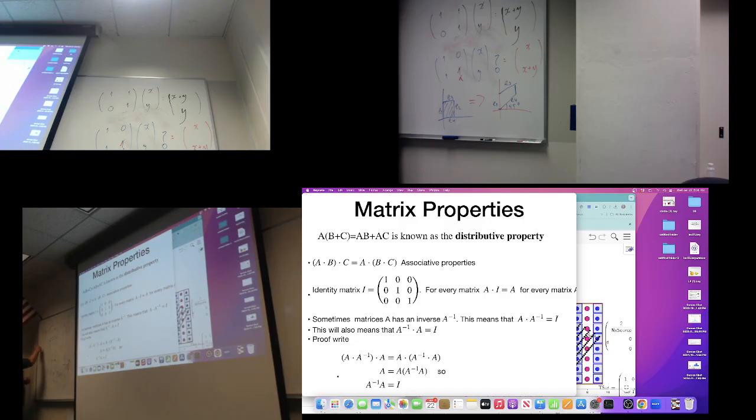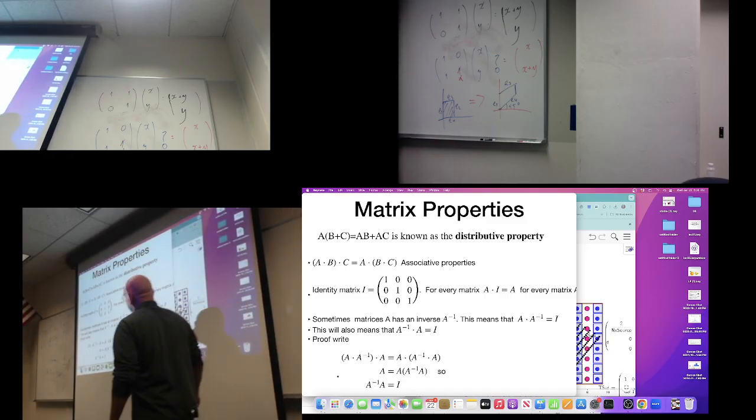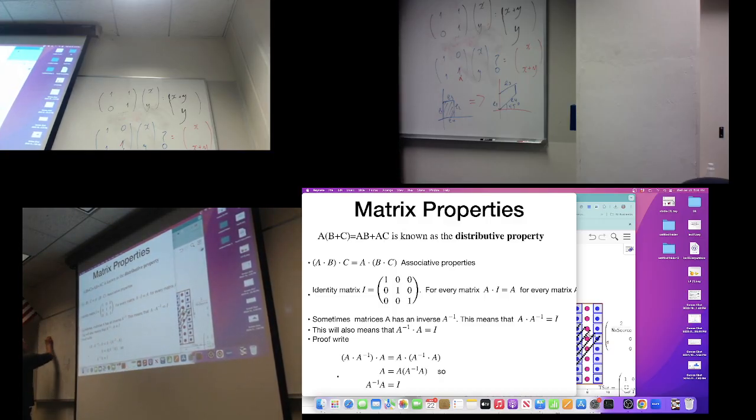So A minus 1, in this case the inverse of A. Very, very challenging question. Of course, as we said, we can solve a system of linear equations to compute the inverse of a matrix, but in this case, A minus 1 is just A.